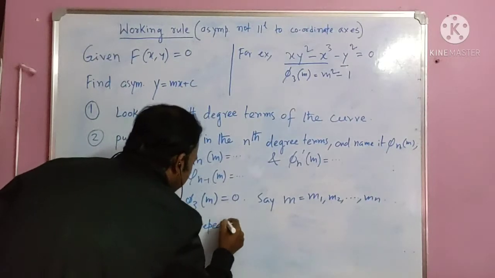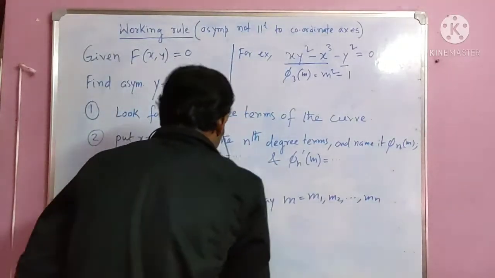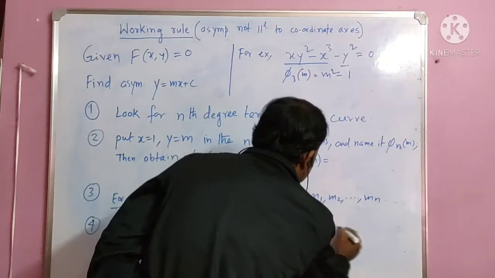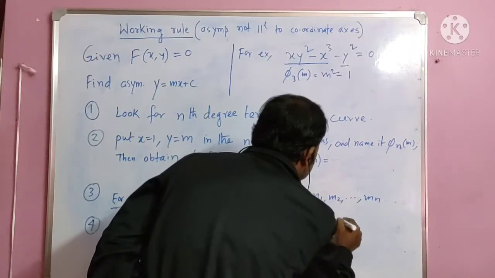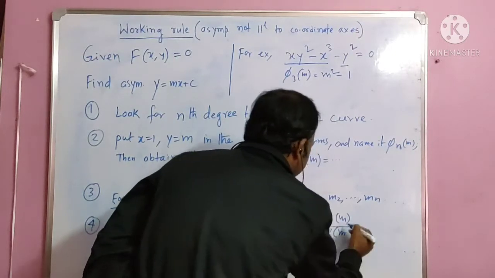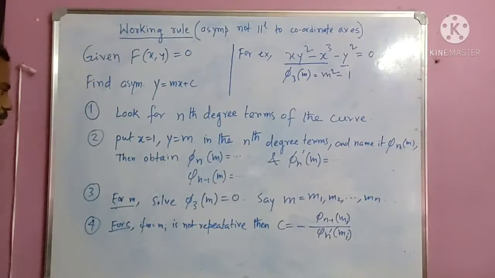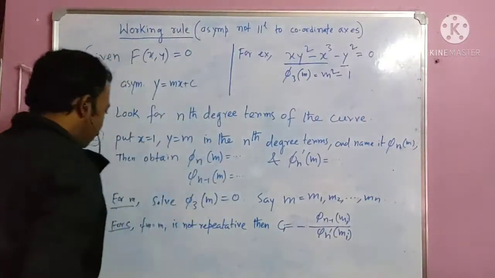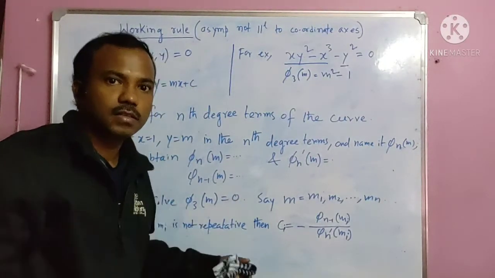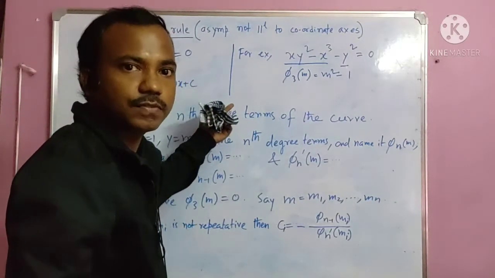If m equals mi is not repetitive, then c can be figured out using this formula: c equals minus phi n minus 1 of m by phi n dash of m, and here we put the value m as mi. Therefore, we have mi and also we have figured out ci. That means we can now write down the formula for asymptotes.